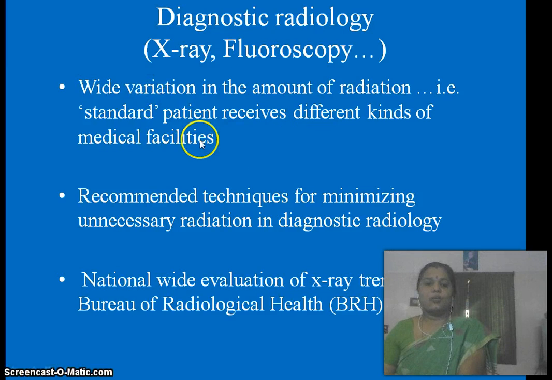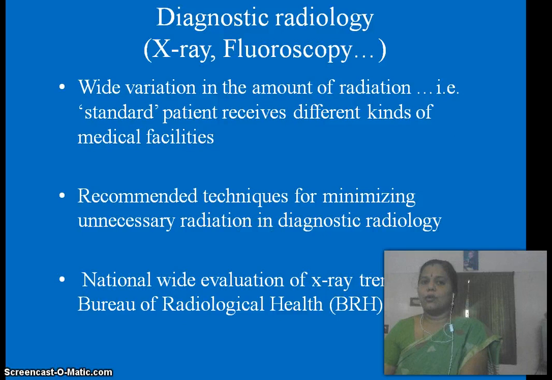This variation was studied by the Bureau of Radiological Health, BRH, where radiological directors from various countries studied and reported the nationwide evaluation of X-ray trends, and they recommended a few techniques or methods to minimize the unnecessary radiation in diagnostic radiology.